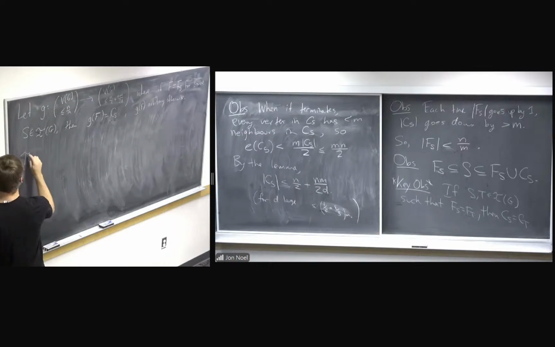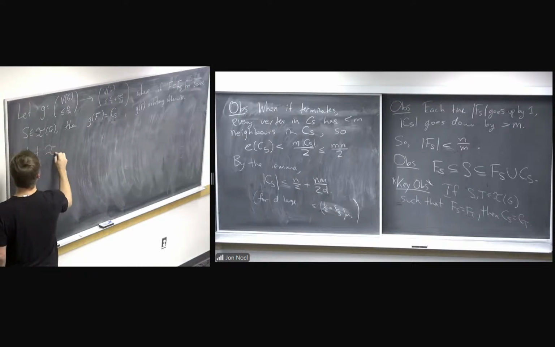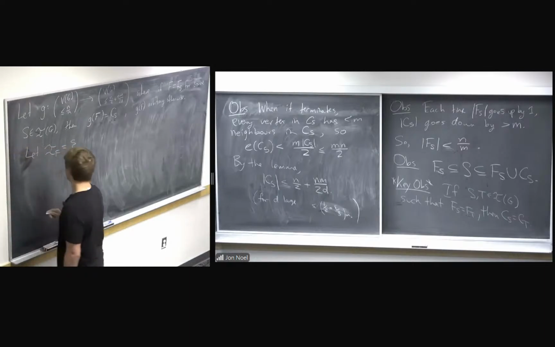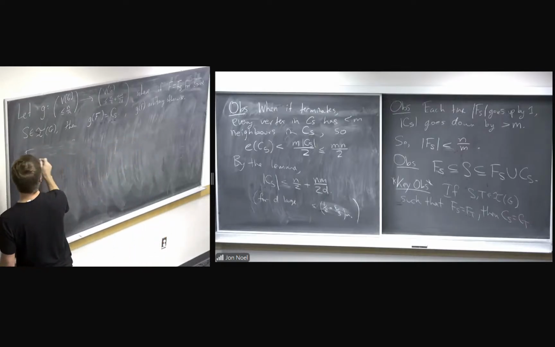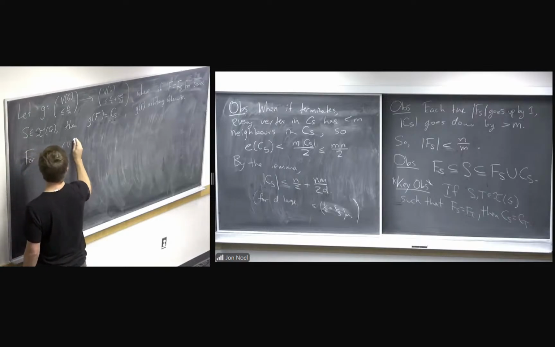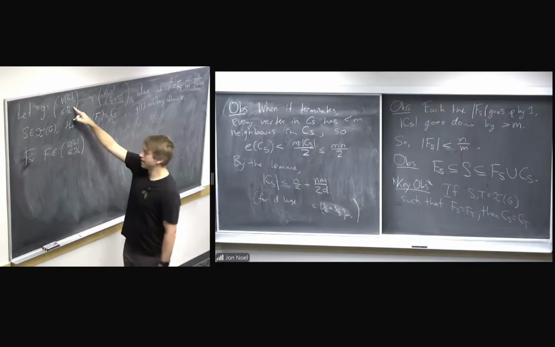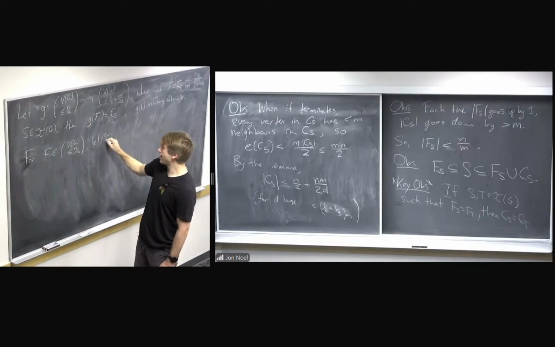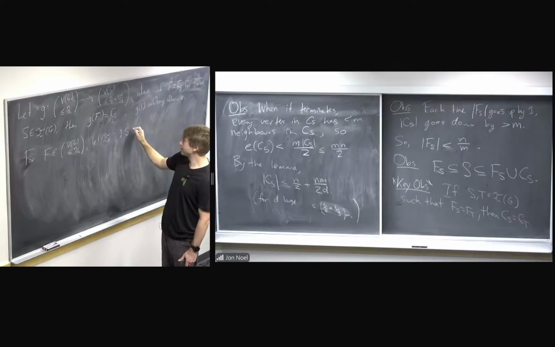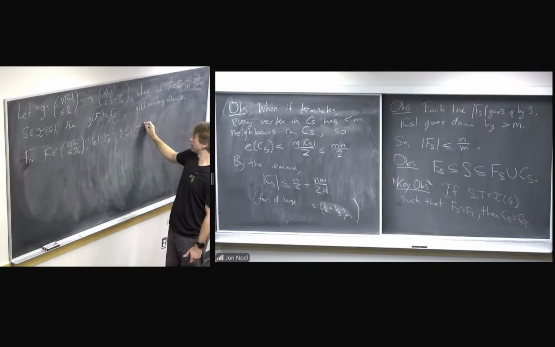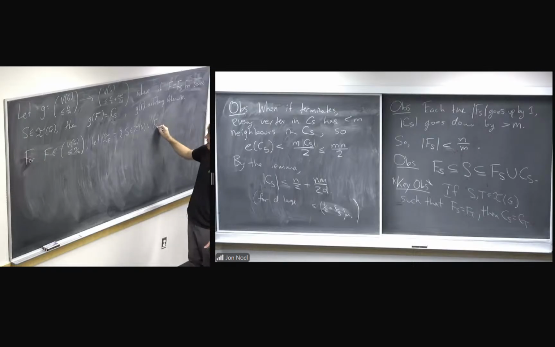I'm not sure if we have time for it, but okay, so for anything in this domain, let I of f be the set of all independent sets which have f as its fingerprint.